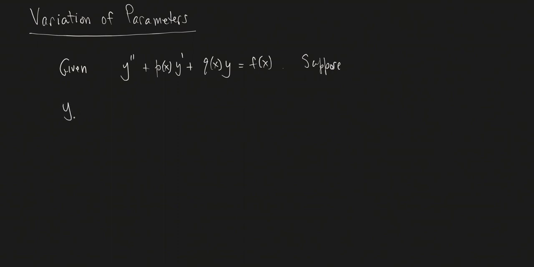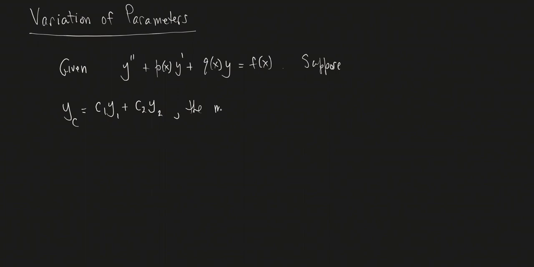So given this differential equation, suppose that the complementary function, the y sub c, is of this form: c1 y1 plus c2 y2. Now, again, I'm not writing the of x, but obviously we know that these are functions of x. So suppose the complementary function is of this form.